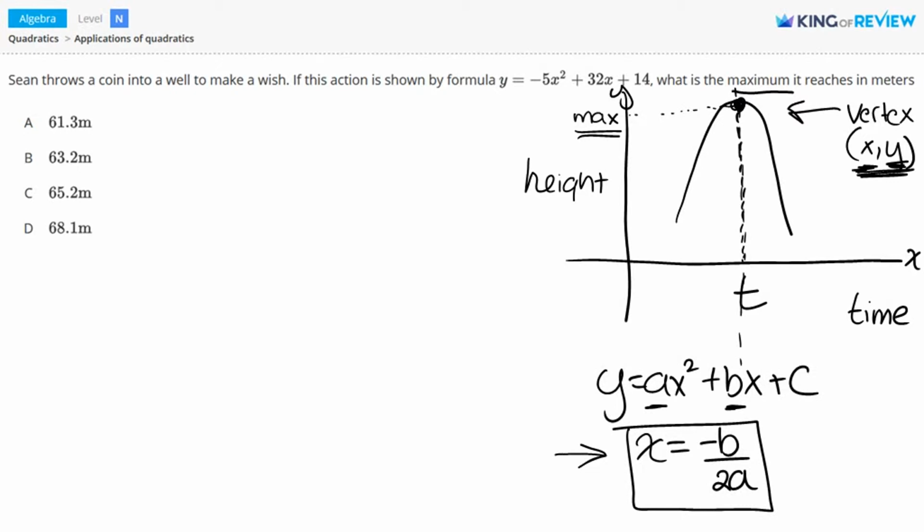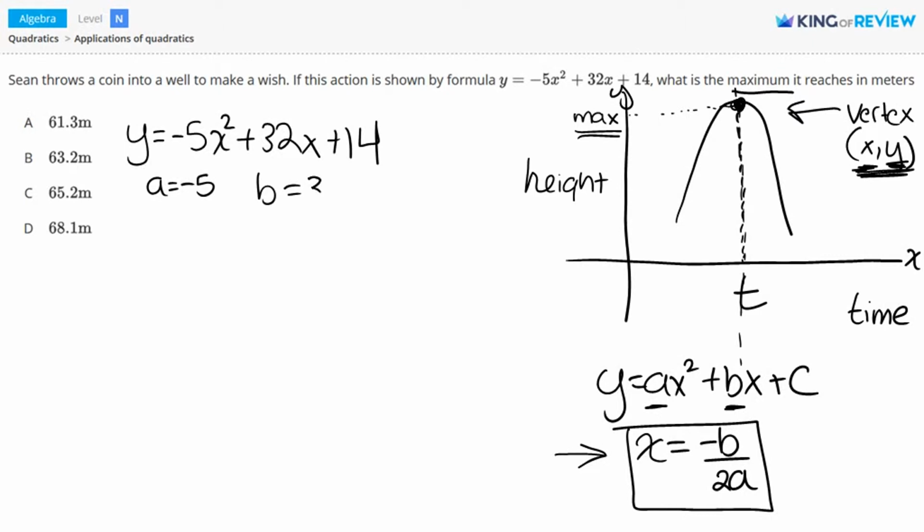So let's look at our equation. We have y equals negative 5x squared plus 32x plus 14. In this case, a equals negative 5, b equals 32, and c equals 14. So the axis of symmetry is negative b over 2a.